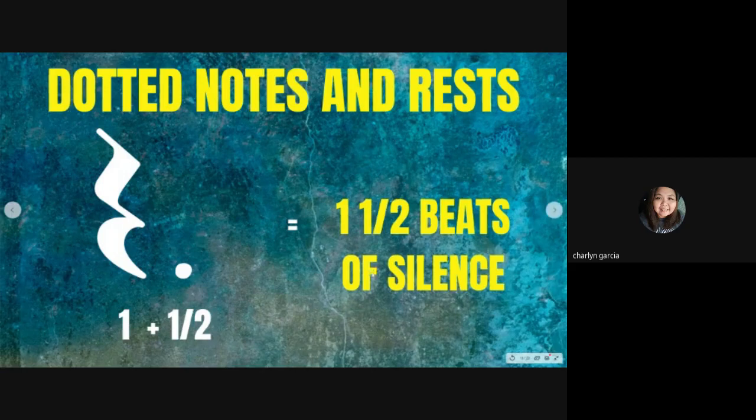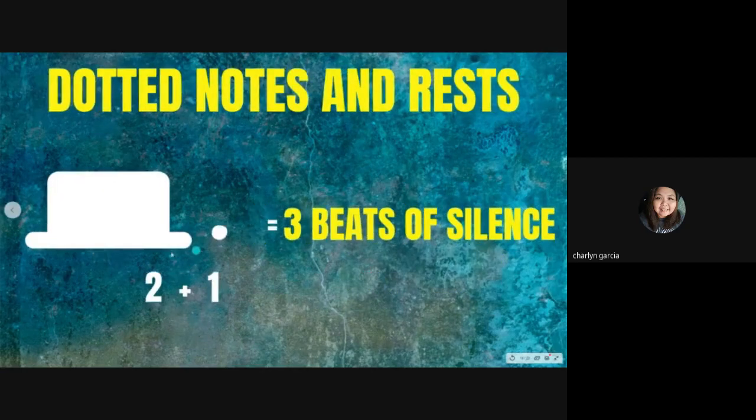Another example. This is a half rest, and a half rest receives 2 beats of silence. So ang kalahati ng 2 ay 1. Meaning, this dotted half rest is equivalent to 3 beats of silence.